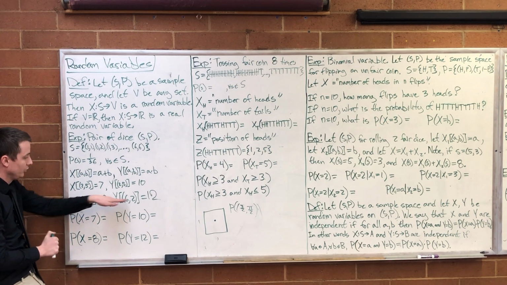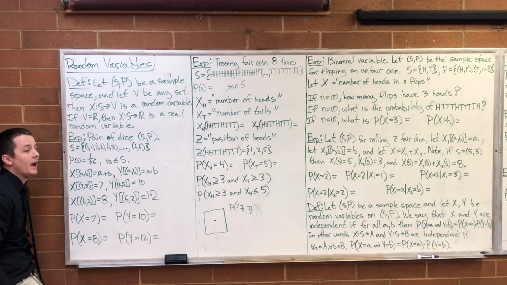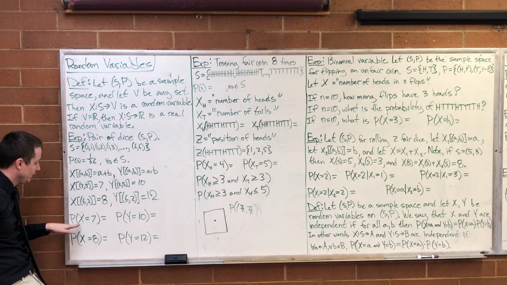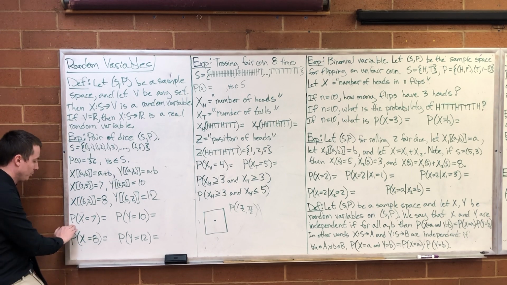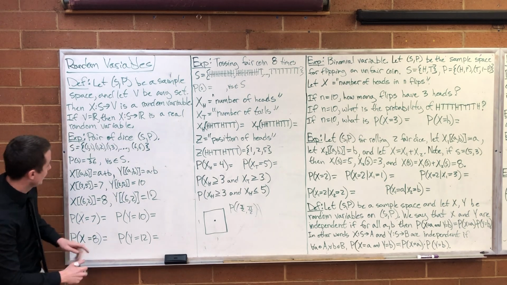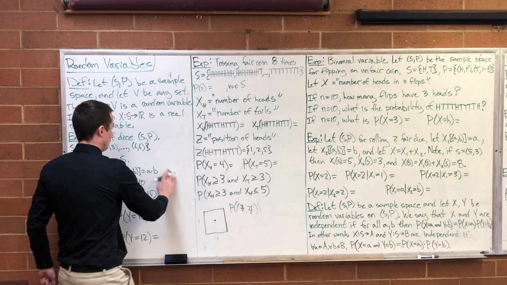Now we talk about the probability that the random variable gives us a certain output. That's what this is: the probability that the random variable gives us a certain output. In general, I can't believe I didn't write this as a definition.